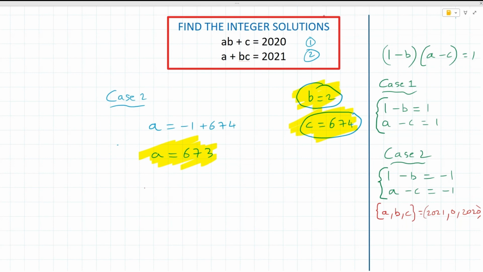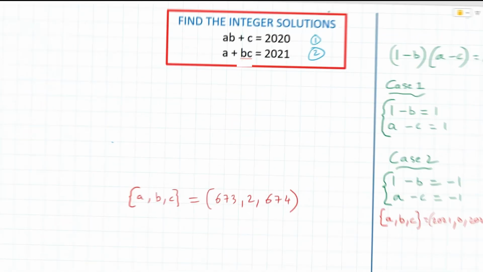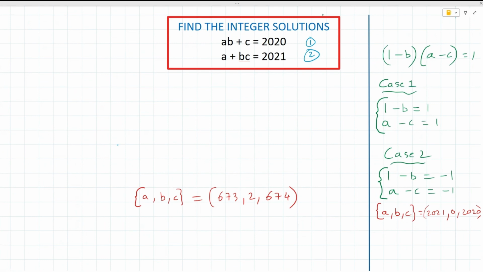Now for this second case, it's important to always present your work properly. So you should say a, b, c, which is a triplet of numbers, is equal to 673, and the b value is 2, and the c value is 674. Now this might seem like a little bit much, but you found two different triplets.